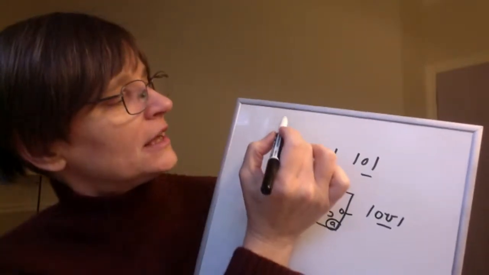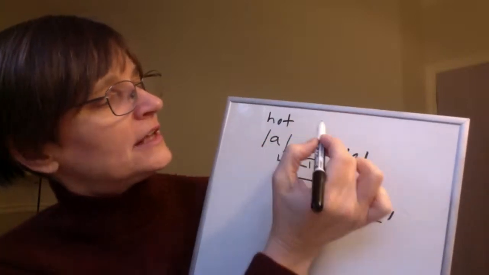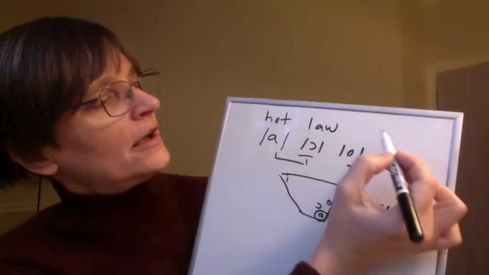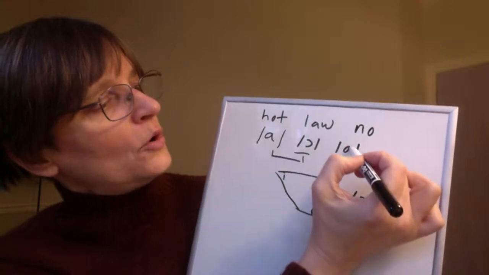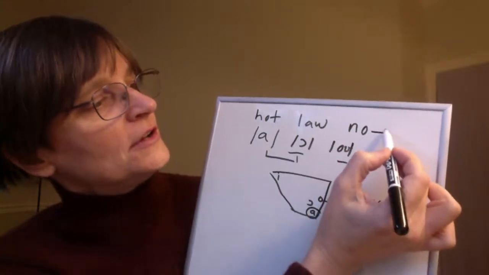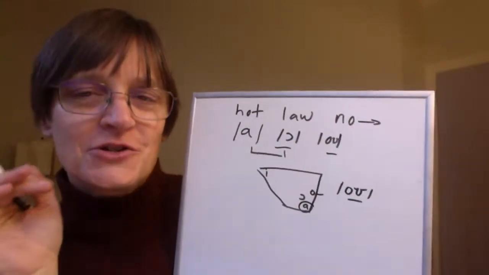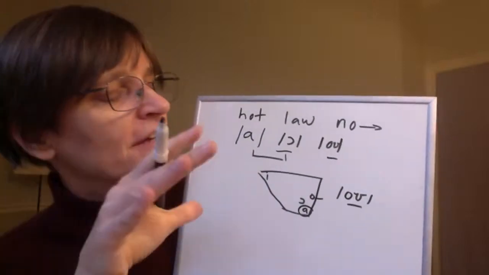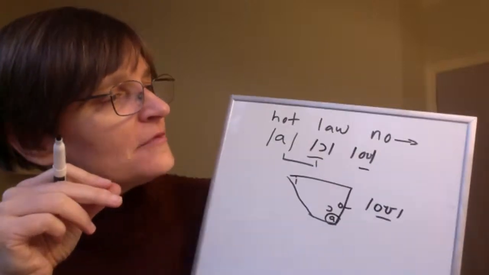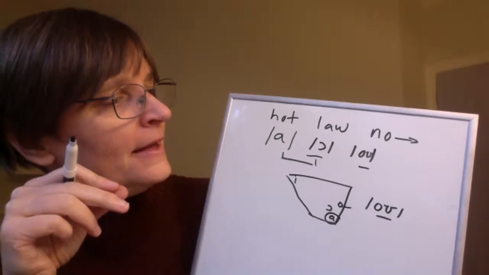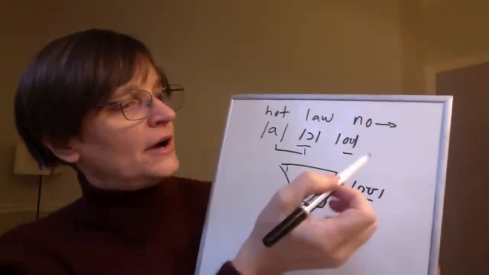So that's a word like hot, that's a word like law, and that's a word like no, because of course, no is just like day. I want to make sure I hold that O long enough and close and relax slightly as I'm finishing the vowel sound. Great. So good question, and thank you for asking that.